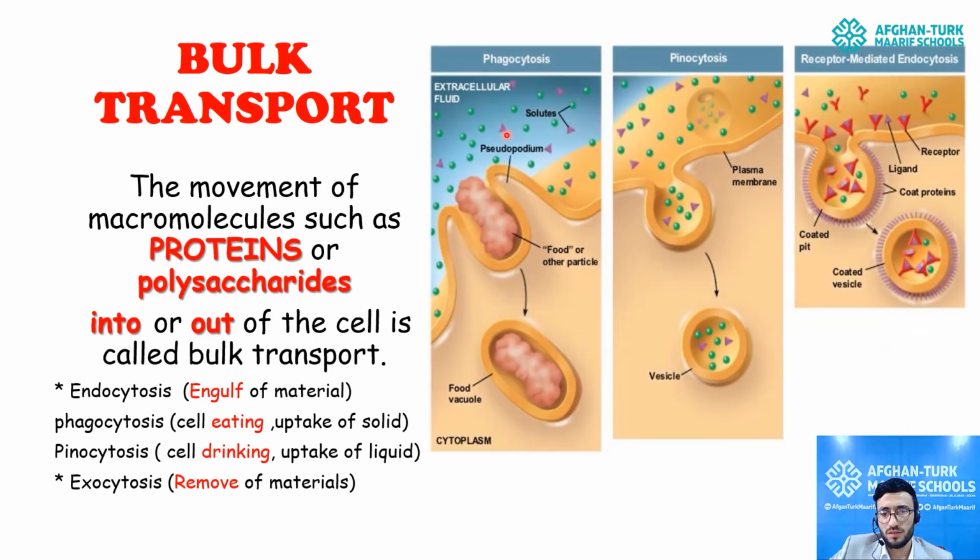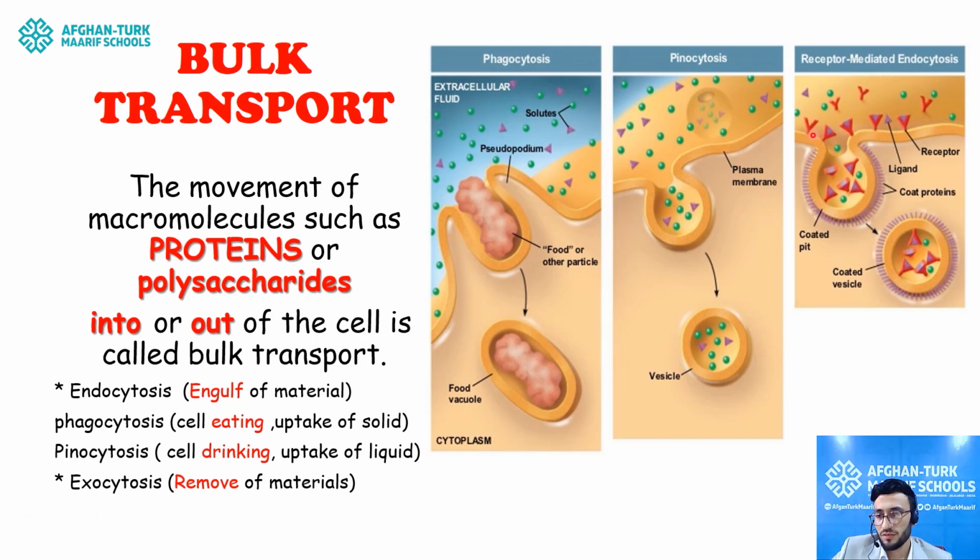In this picture you can see that the cell membrane is engulfing food or solid material, so this is called phagocytosis. The second is called pinocytosis. As you see, these are small droplets of liquid which are going to be engulfed by the cell membrane.